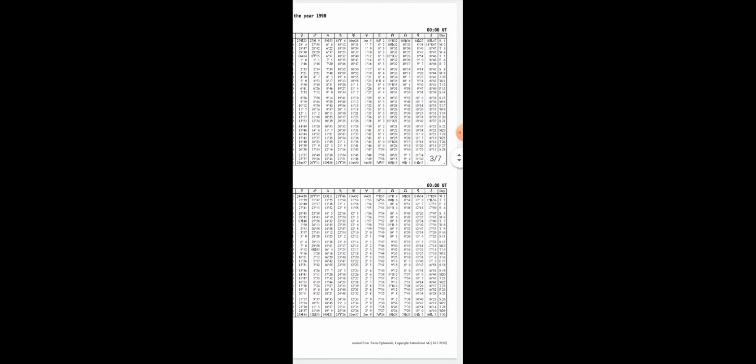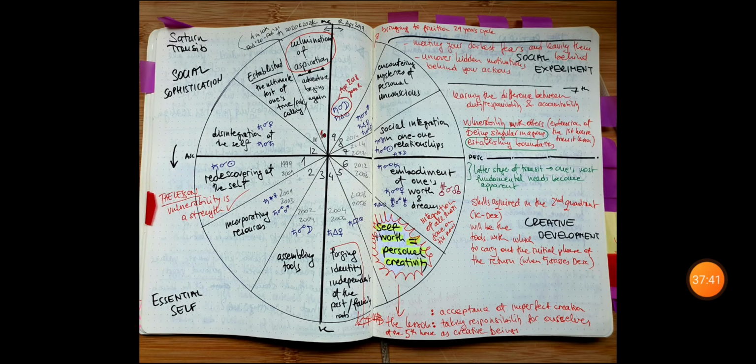I saved them all in my Adobe Acrobat PDF, all the years since my birth, 1969, so 51 years of ephemeris saved in my own drive, so I don't have to keep Googling. As you discover, jot these dates down, and sometimes I go by the year. I'm not fussed, especially because it goes retrograde.